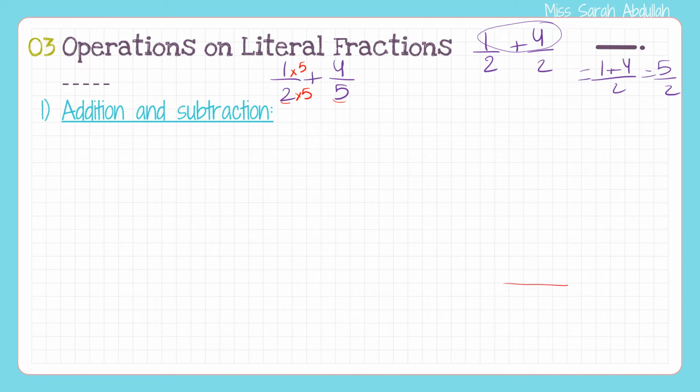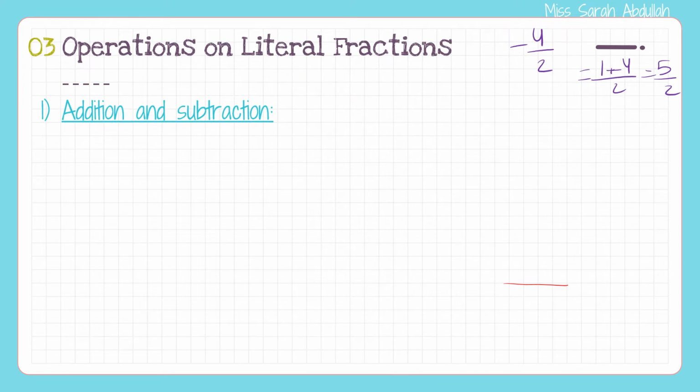And this one is 2, so I multiply by 2. All right, and the answer is 5 plus 8. And now we have the same denominator, which is 10, so we can add the numerators. 5 plus 8 is 13 over 10. So this is how we solved fractions from before.